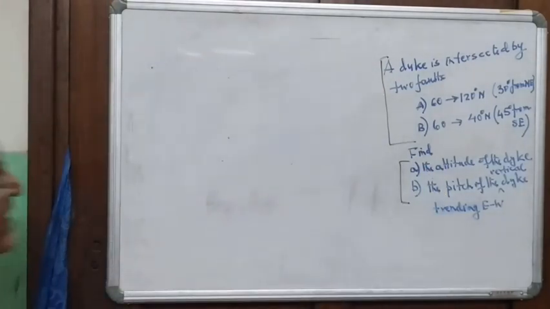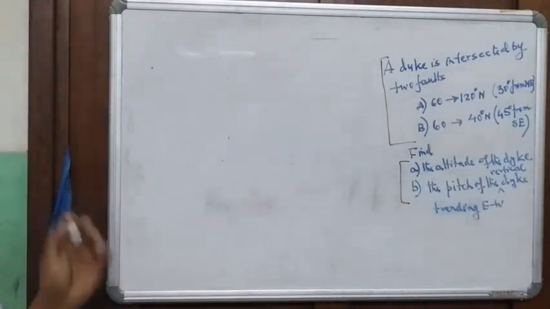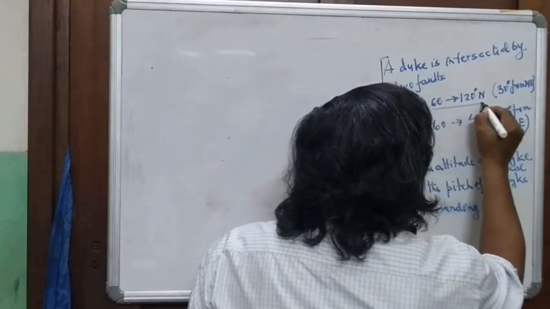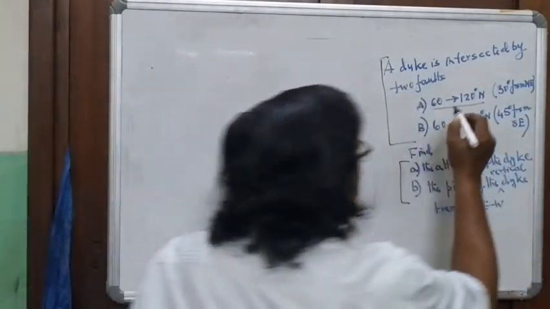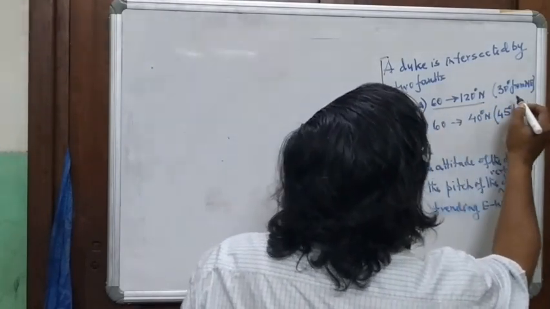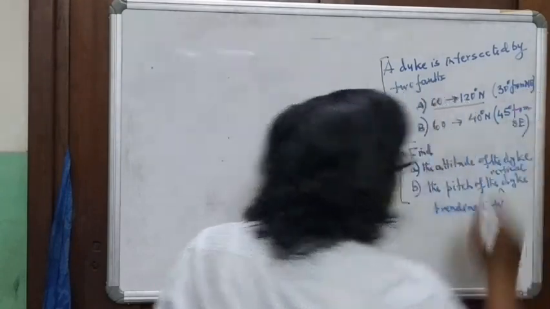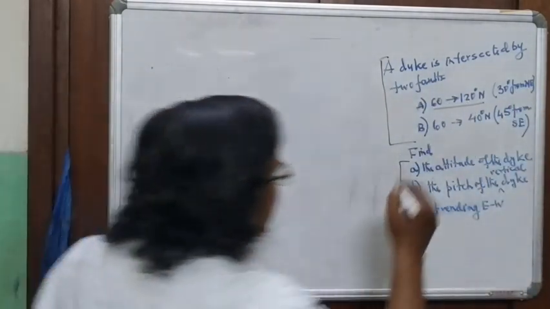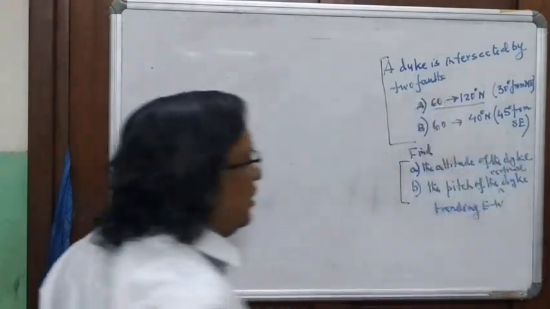A dike is intersected by two faults. The one fault has this attitude, 60 degree towards 120 degree north. And the pitch of the dike is 30 degree from the northeast. Right? And then you have another fault plane which is 60 towards 40 degree north.